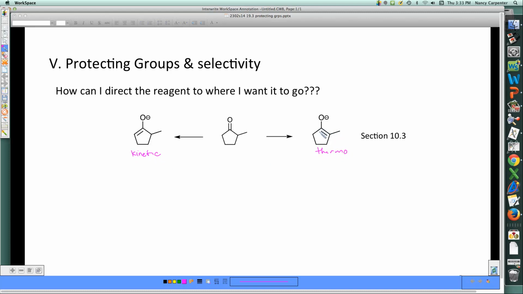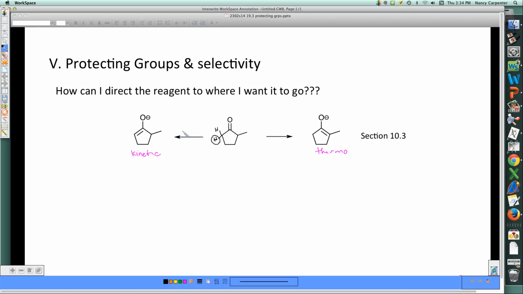Thermodynamic meaning more stable because it's a more highly substituted enolate. The kinetic was the kinetic enolate because it was easier to deprotonate by removal of one of these alpha hydrogens, because it's more easily accessible, therefore it's faster.